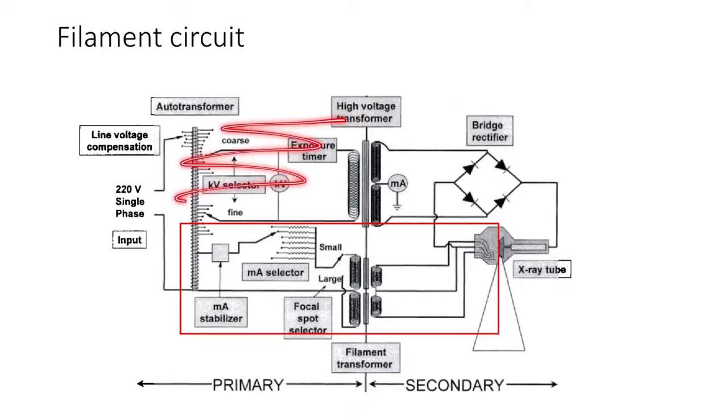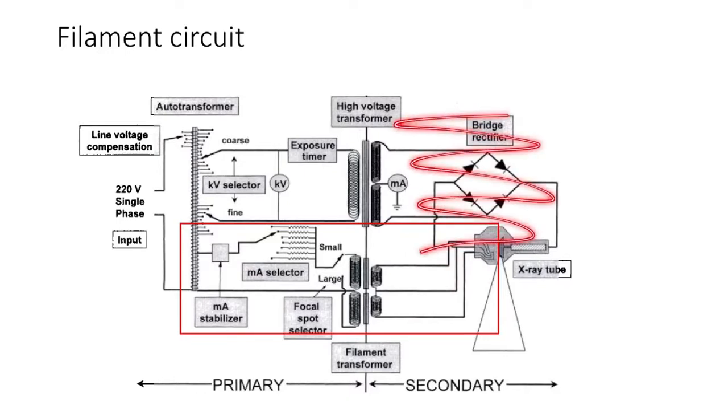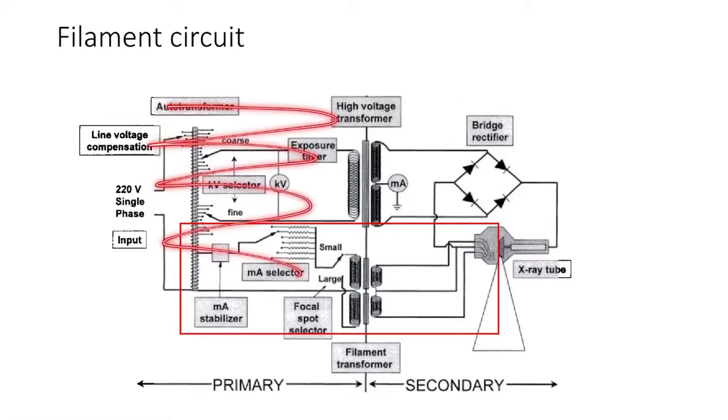This is where the technician may safely operate, but over here we prefer that the technician would not be present. We don't want to make changes on this side of the circuit because it's high voltage, and should anything go wrong, both the machine and the technician would be at risk. So we usually make adjustments on this side of the circuit, that is the primary, and then all those settings can be amplified on the high voltage side.